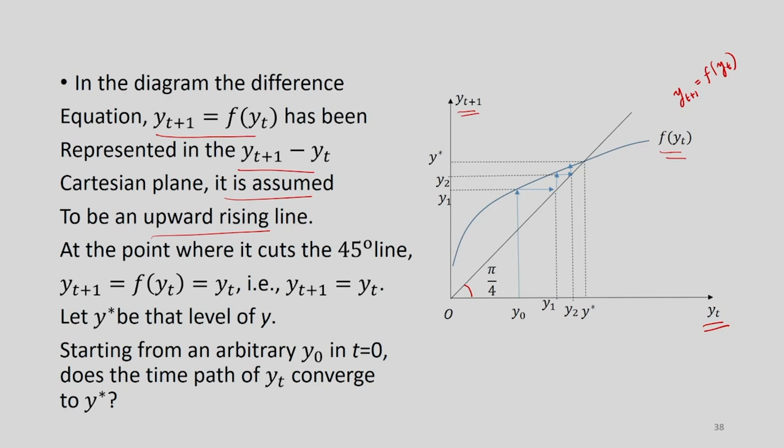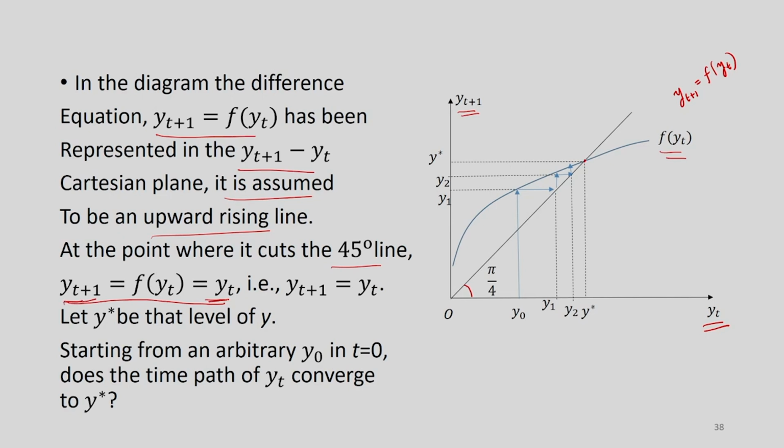At the point where it cuts the 45-degree line, we have yt plus 1 equal to f of yt equal to yt. The y and the x are equal because you are talking about this point. At this point you are on the 45-degree line as well.